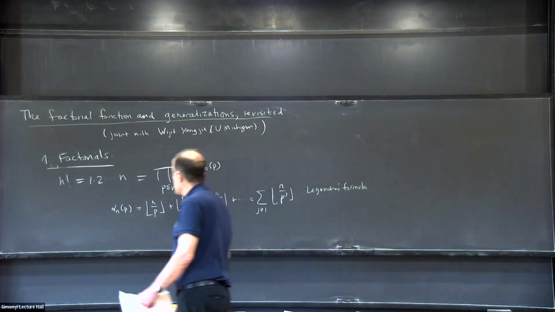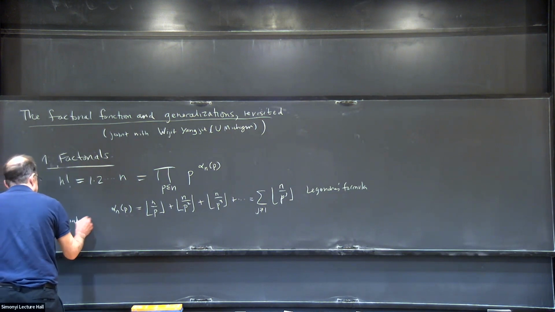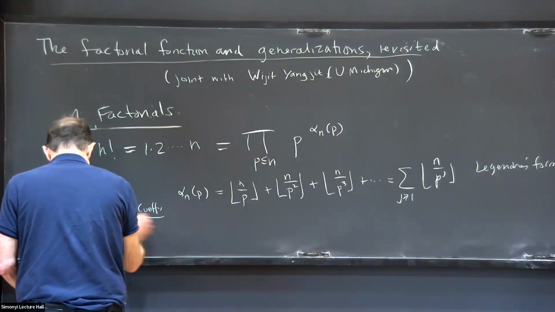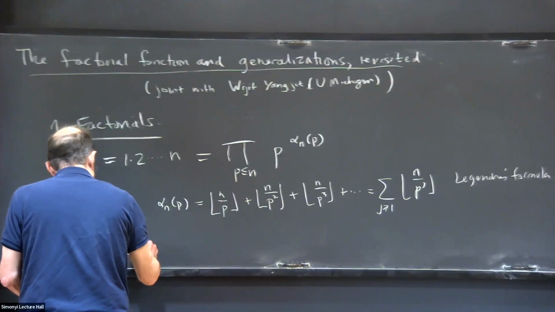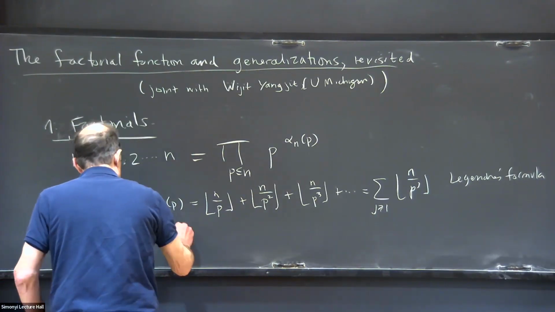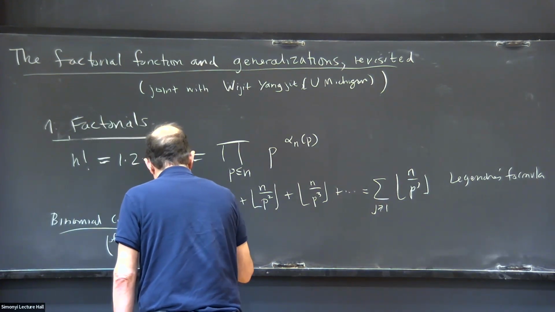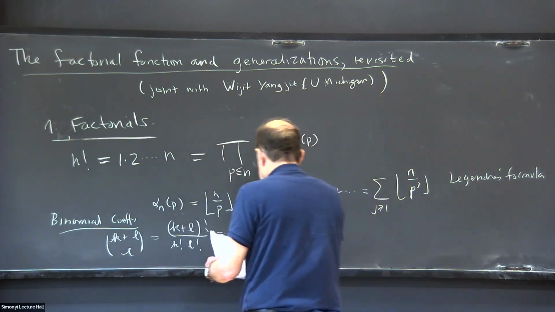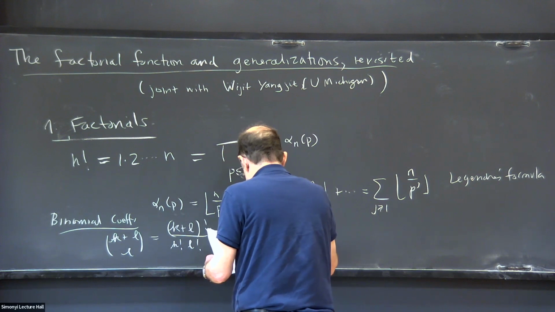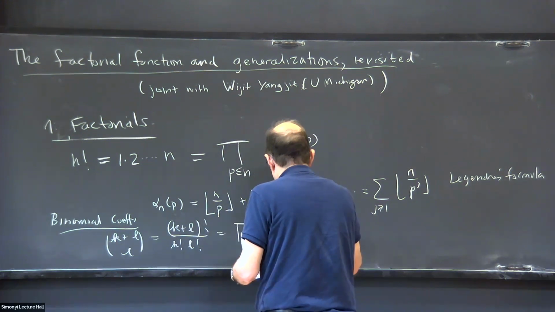And we have a similar thing for the binomial coefficients. We have k plus l choose l, which is k plus l factorial over k factorial times l factorial, which has a factorization, so it's beta of k, l of p.